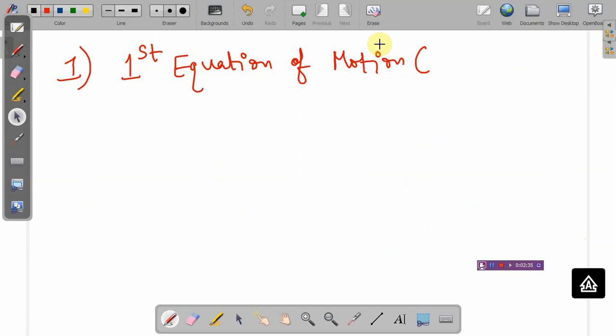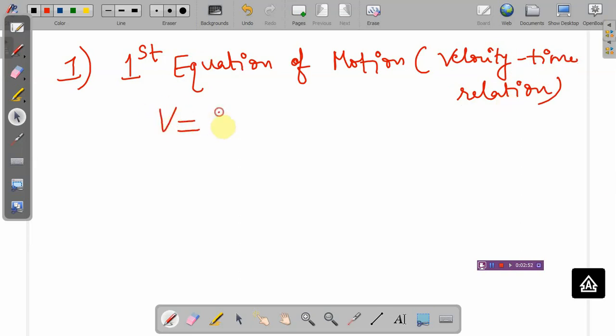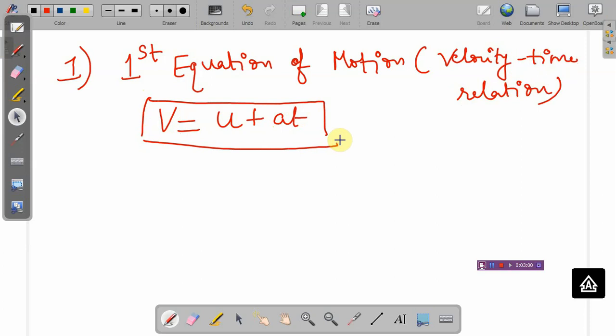Which is that equation? It is V is equal to U plus AT. We are going to derive this equation. We are doing it by graphical method.